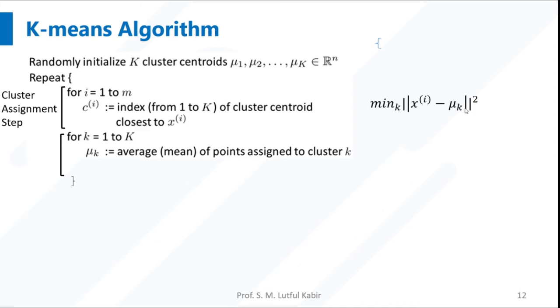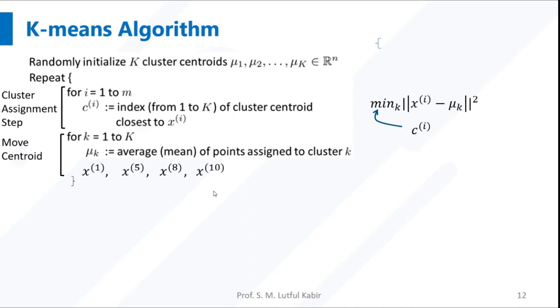For whichever k the minimum value is obtained, that k is nothing but Ci for that particular example. So for each i, we have to find which cluster is closest to xi, and that will be Ci. And this is your Ci, the minimum value. Then the next step we call move centroid.